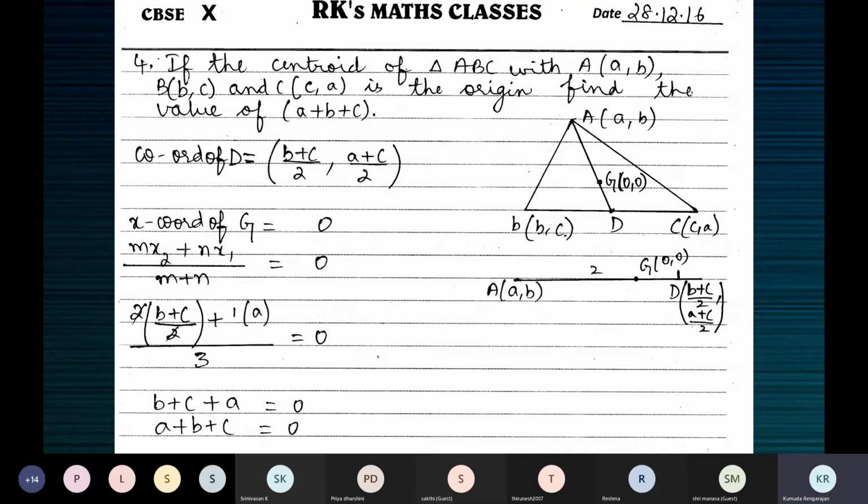When it is objective, sometimes in school, teachers don't want you to use that centroid formula. What is the formula to find the coordinates of the centroid, children? It is x1 plus x2 plus x3 by 3 and y1 plus y2 plus y3 by 3.